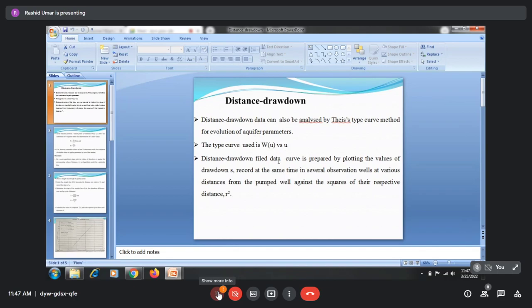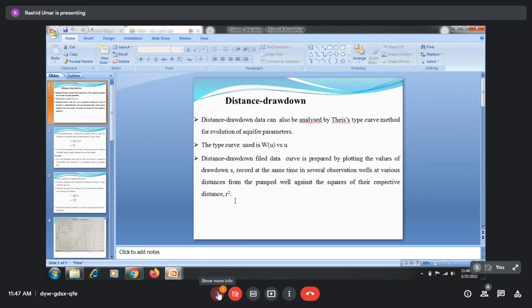The distance drawdown field data curve is prepared by plotting the values of drawdown recorded at the same time in several observation wells at various distances. This is very, very important: plotting of the values of drawdown recorded at the same time in several observation wells at various distances from the pumping well against the square of their respective distances. So this is the data we are plotting.